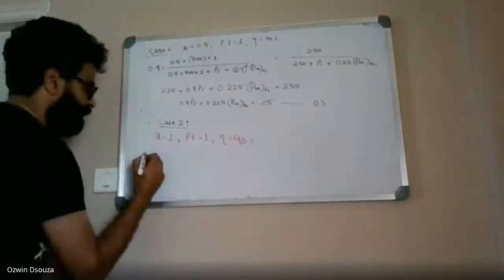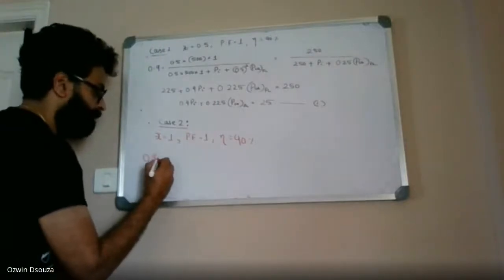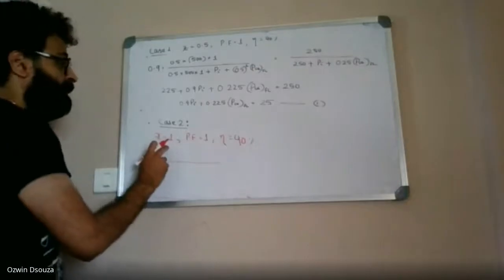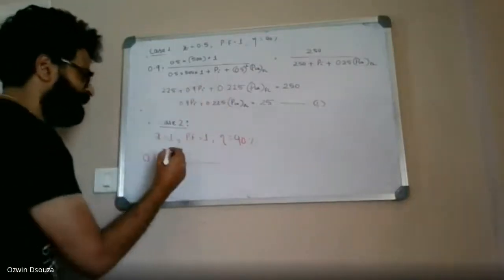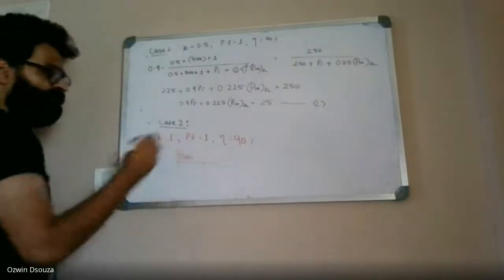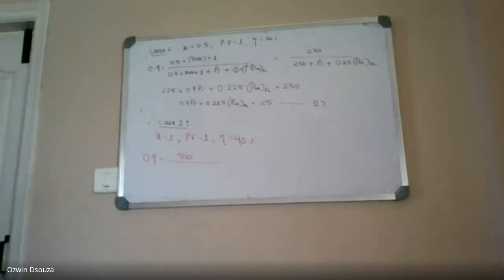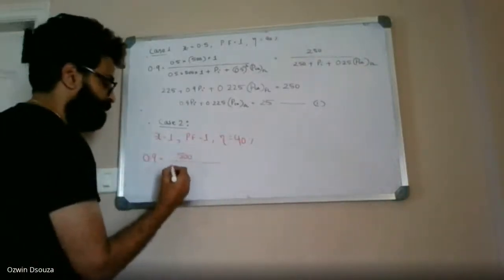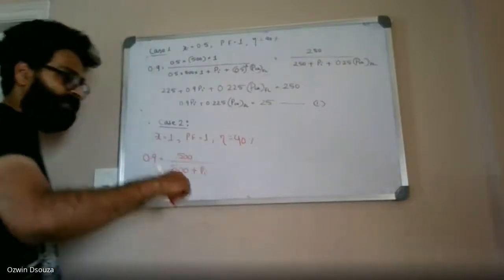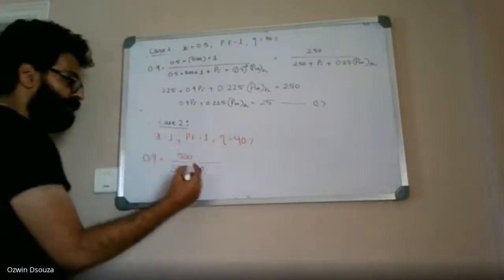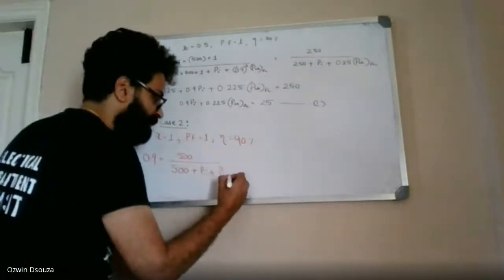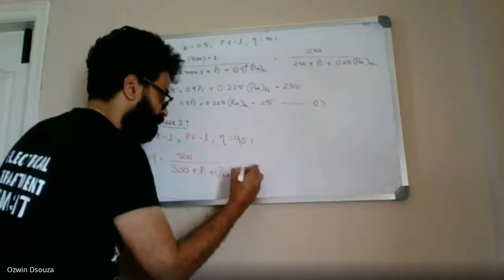Right? So extend the formula. So 0.9 is equal to X is 1 and SFL is 500, and power factor is 1. So you will get 500 in the numerator, and 500 in the denominator, plus iron loss, plus X square, that is 1, X square PCU full load, right? So you will just get PCU full load.